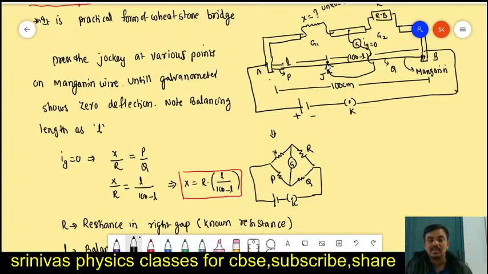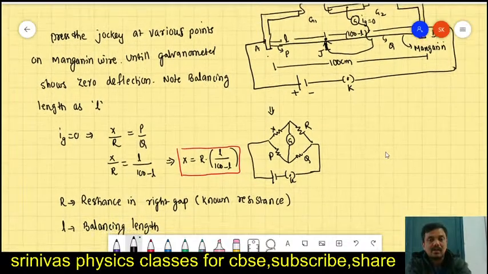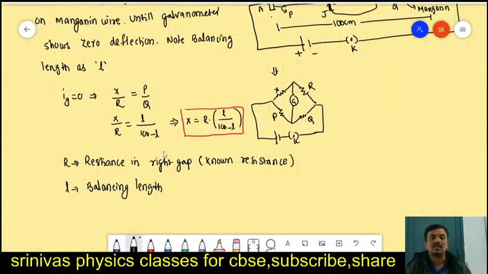That point is said to be the balancing point. That point's distance from the left end is the balancing length, which we note as L. Balancing length is AJ, from the left end to J. If you know that, then we can directly find the X value.